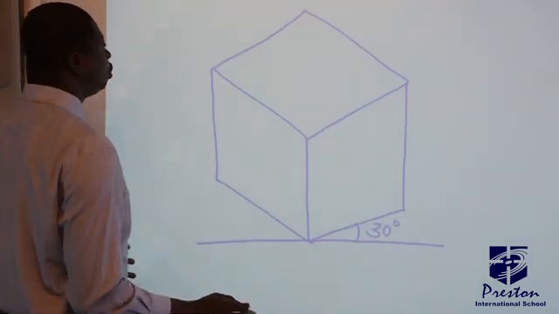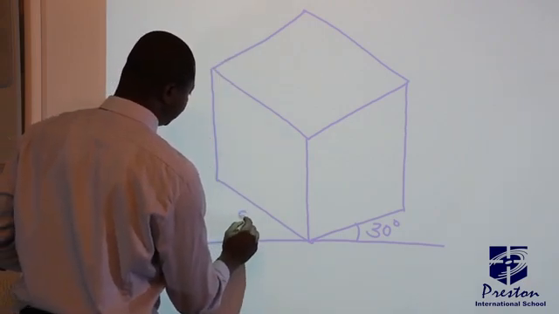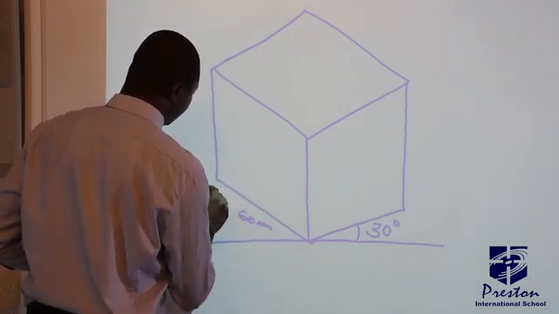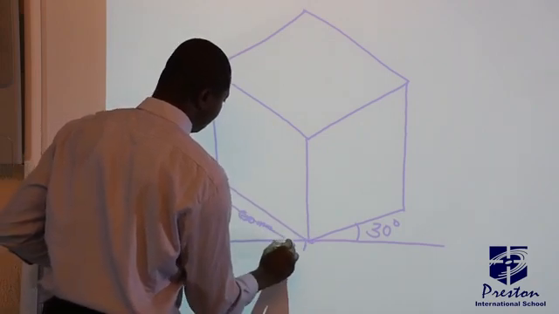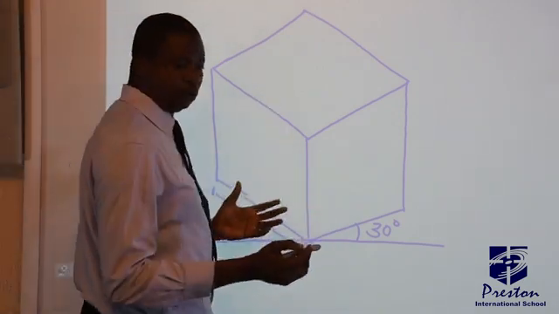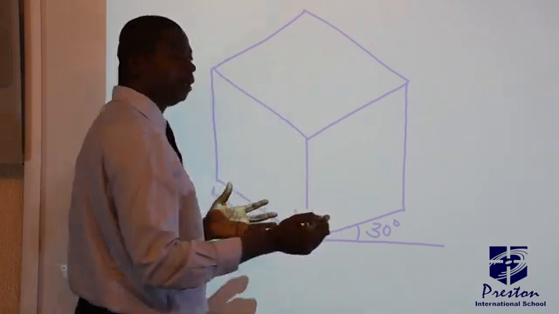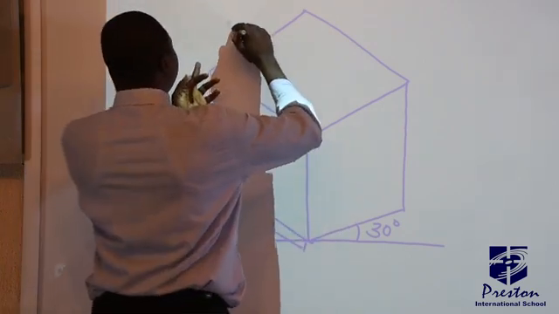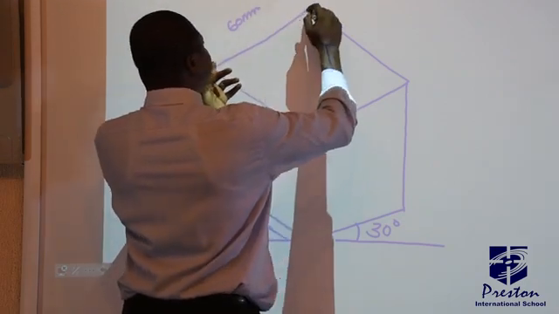So we assume that the length here is 60 mm. From here to this end is 60 mm. Now, how do you do that? With your ruler, you measure from this end. Remember, this is 60 mm length.